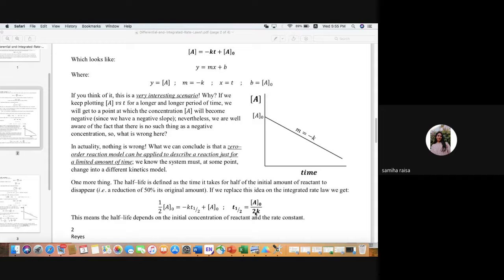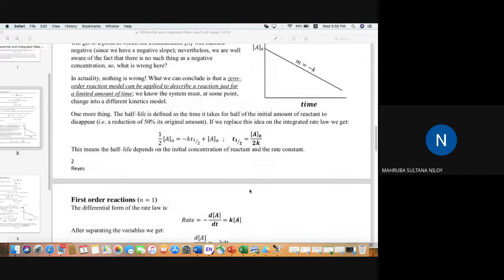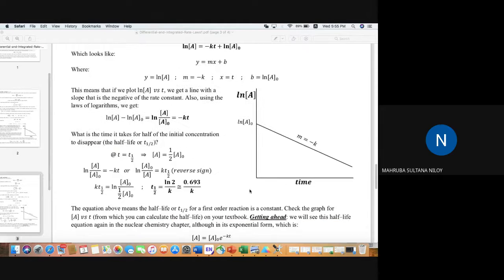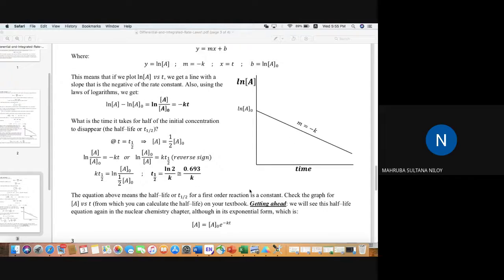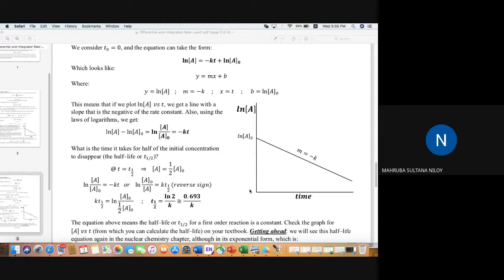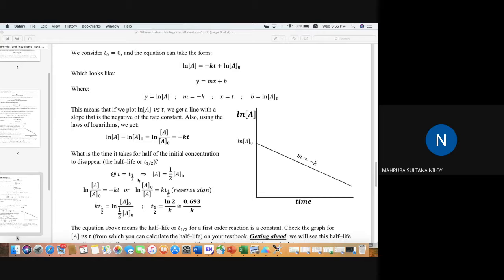Okay, thank you very much. So it's the same for the other equation as well. If we put here the time T equals to T half, then we'll get A equals to A naught by 2, right? Is it clear?